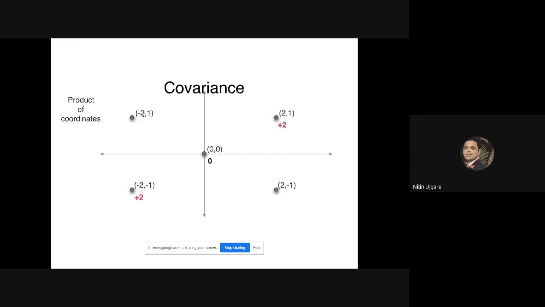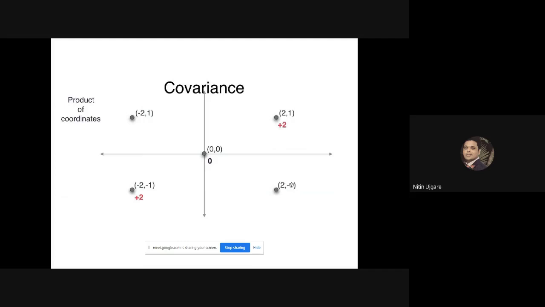The x coordinate for this point is -2 and the y coordinate is 1. What does this indicate? This point is 2 units left of the origin and 1 unit up. And this point is 2 units right of the origin and one unit down, right?